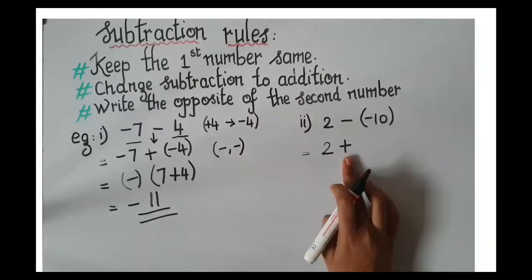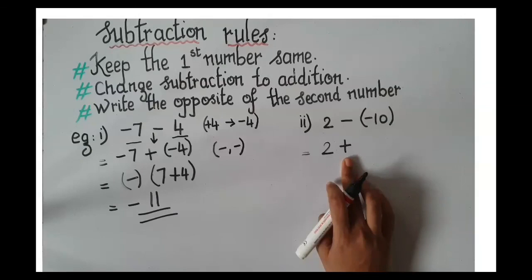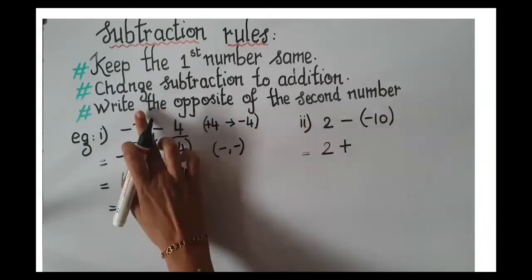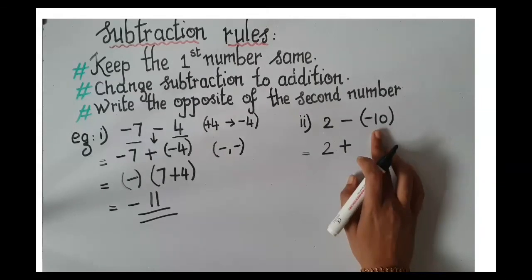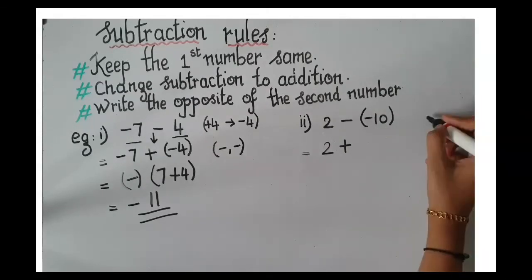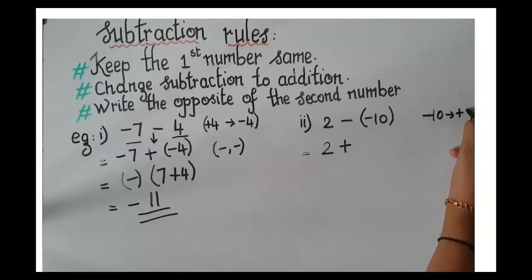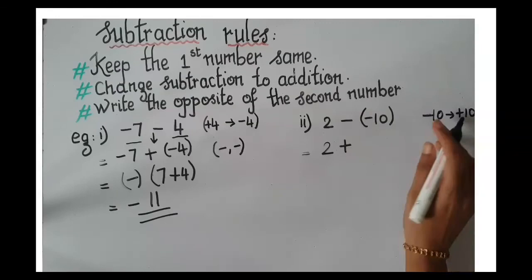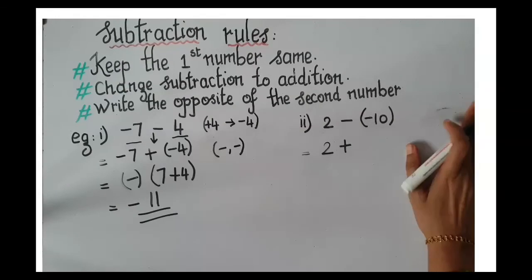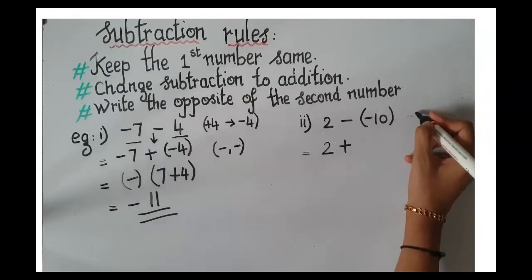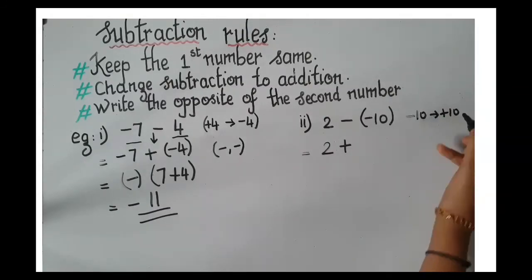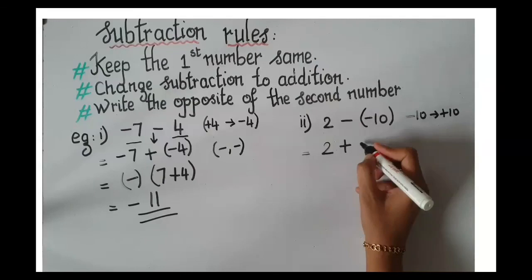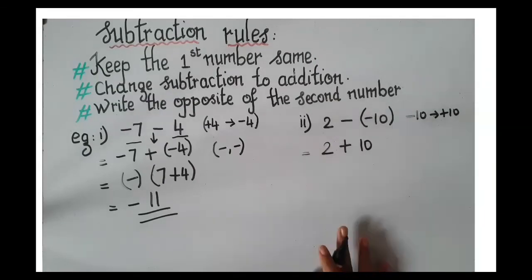And the third thing is write the opposite of the second number. So the opposite of -10 will be +10. I'll write it clearly for you, the opposite of -10 is +10. So here the minus sign goes away, only 10 remains because it is positive.